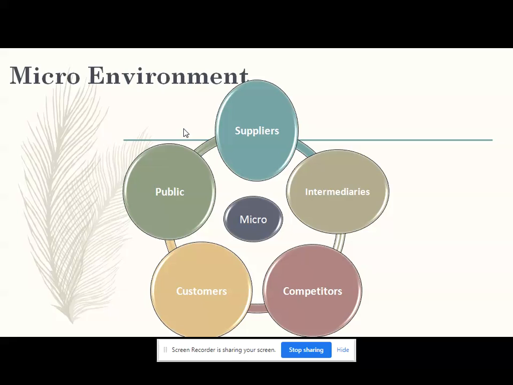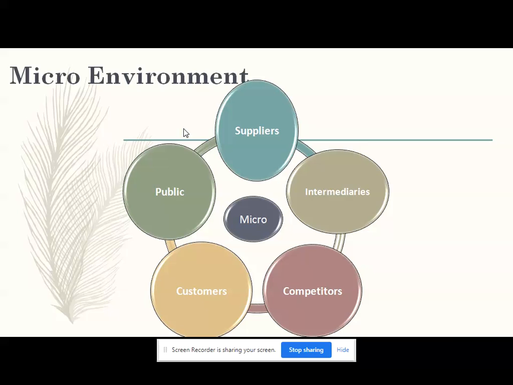Then financial intermediaries, they provide finance for the organization's transactions. Examples of financial intermediaries are various banks, credit organizations, and insurance organizations. Thus, the marketing intermediaries include resellers, wholesalers, retailers, distribution centers, marketing agencies, and financial intermediaries.